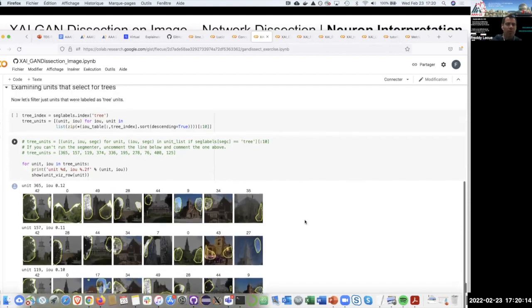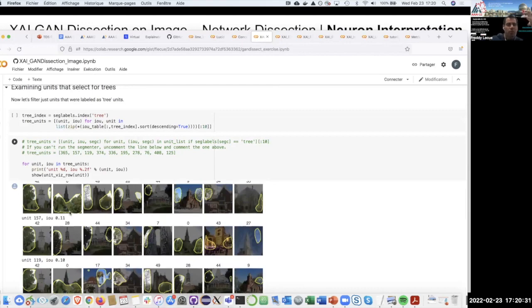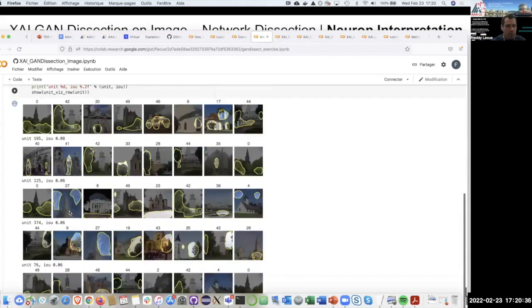And that's basically going back to the concept that you have a unit, and the unit is capturing a particular concept. So here a tree, and you see for each image the tree is indeed captured by this particular unit. And if you take another unit and try the same thing, you won't get a tree, because the goal of that unit might not be capturing trees.